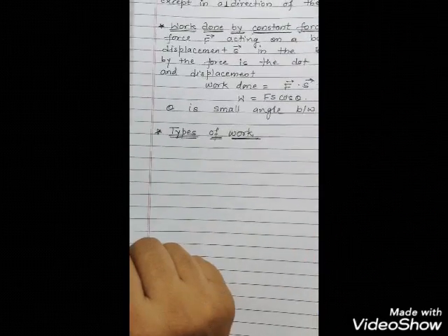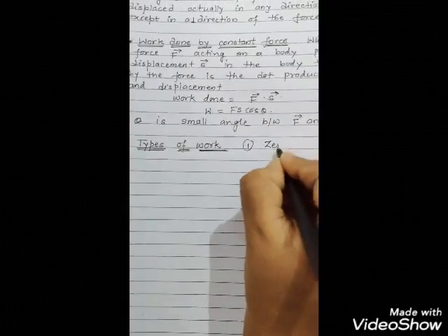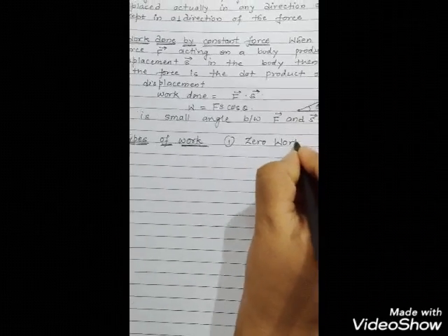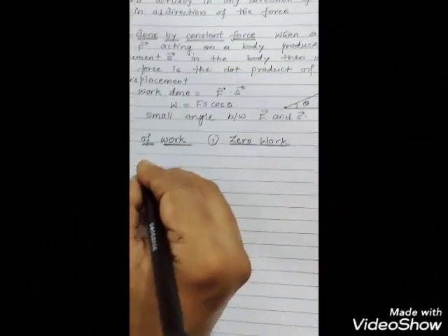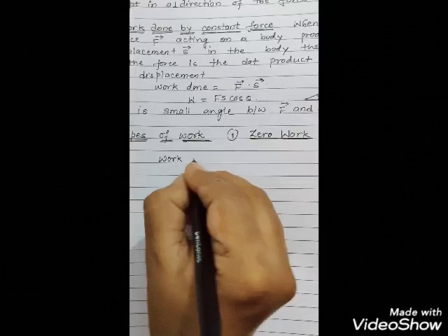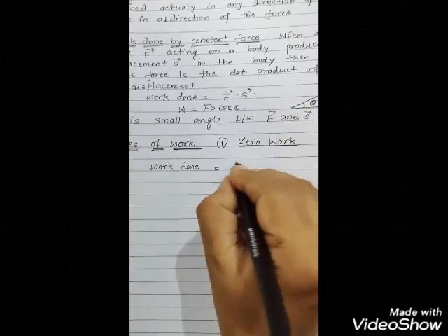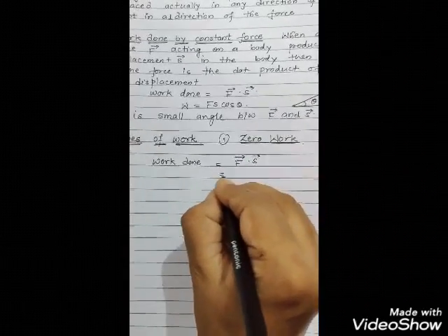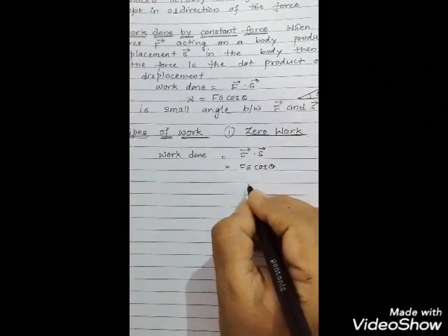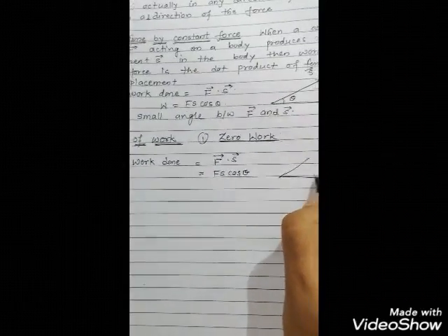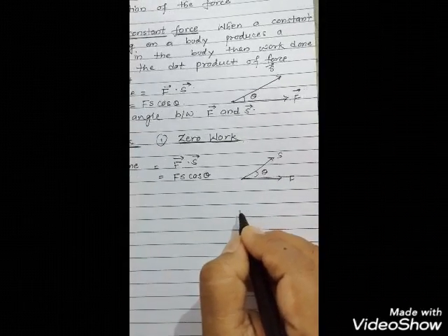Okay, now we will see types of work. First of all, zero work. As we know, the work done is equal to F dot S, or Fs cos theta, where F is the force, S is the displacement, and theta is the small angle between them.